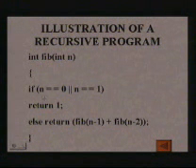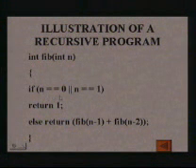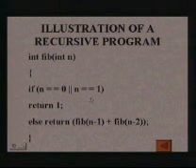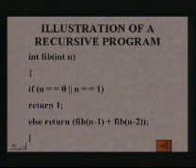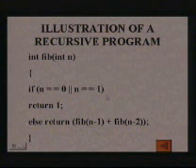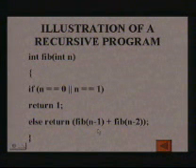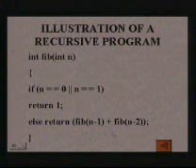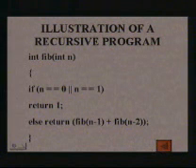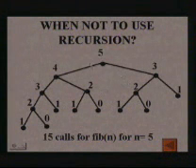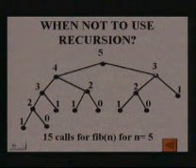And the terminating condition is this: if n is equal to 0 or n is equal to 1, then it has to return n. Otherwise the function will keep on calling with different parameters: 5, 4, 3, 4, 3, 2. So again go back to my previous program. First 5, then we call the same function with 2 different parameters recursively.